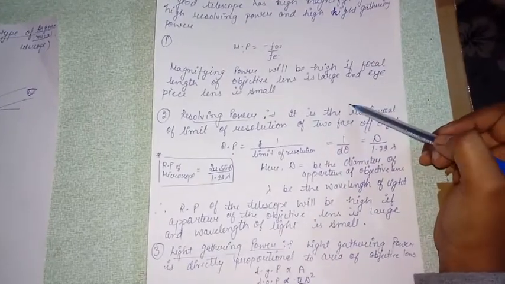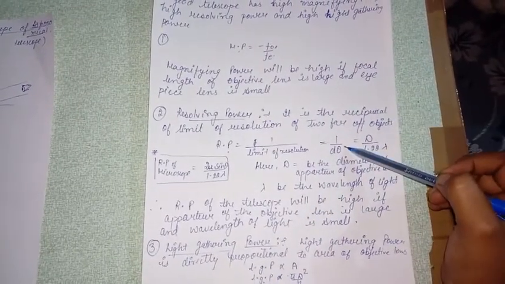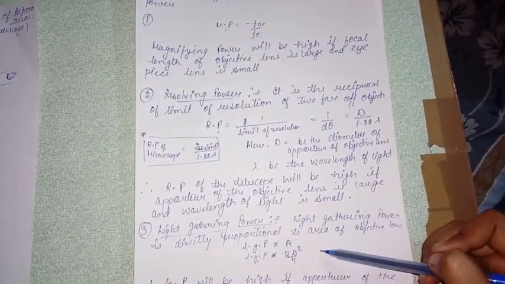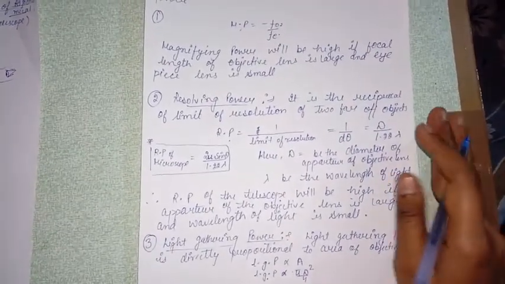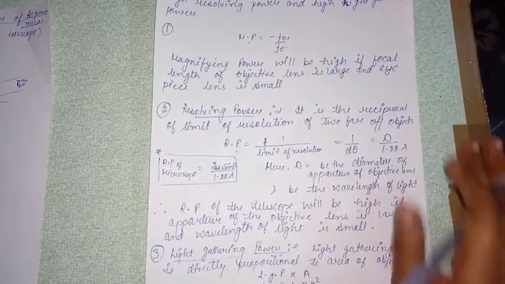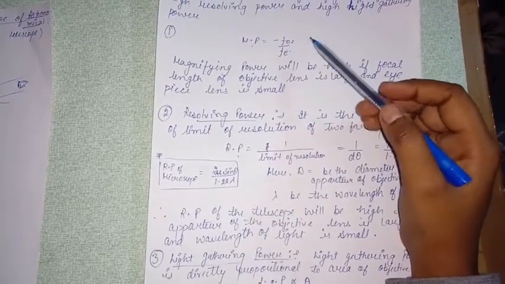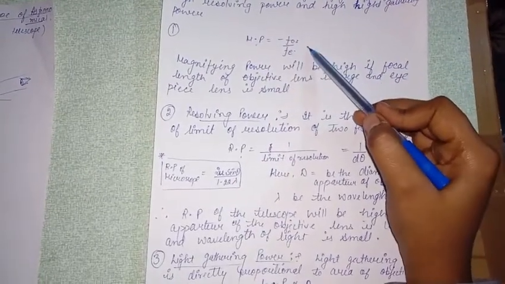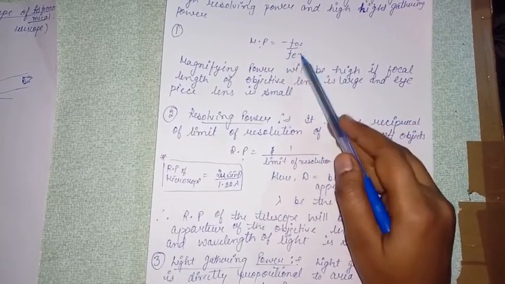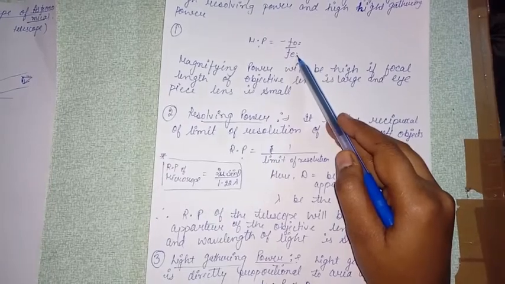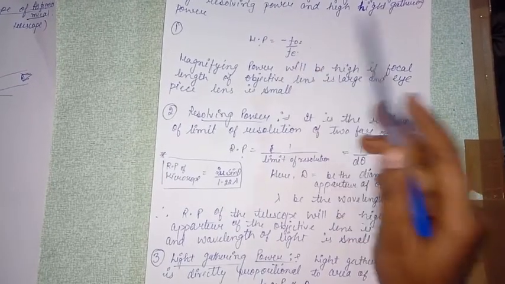First one is magnifying power, second one is resolving power, and third is light gathering power. Magnifying power will be high if the focal length of the objective lens is high or the focal length of the eyepiece lens is small.